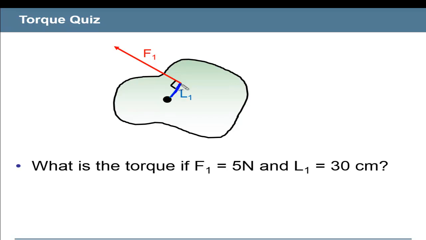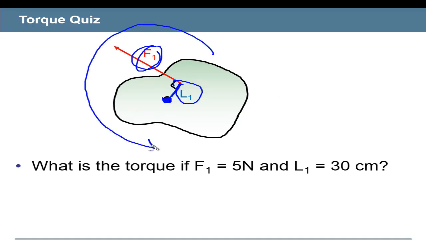So what's going to be the effect of this force on this body? Well, say its center of mass is right here, so it's going to rotate about this point. Then this force and this moment arm are going to cause a torque, which is going to cause a rotational motion, and it's going to cause it around like this, right?